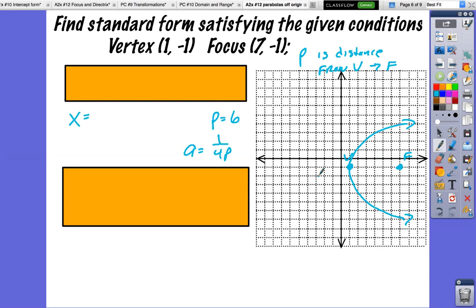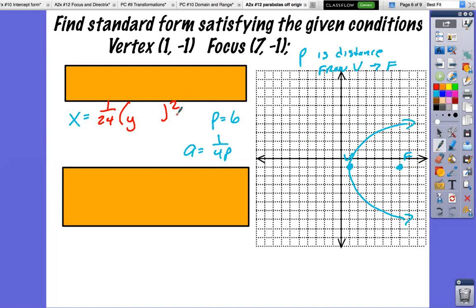All right, somebody tell me, what did you get for the equation? What's your a value going to be? 1 over 24. Perfect. Because it's x equals, I know it's going to be y something squared.